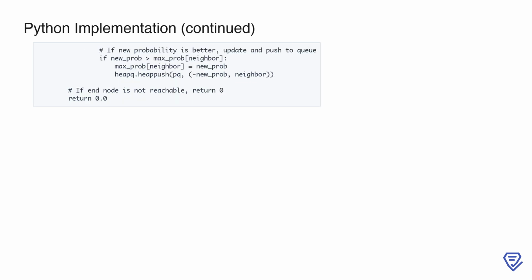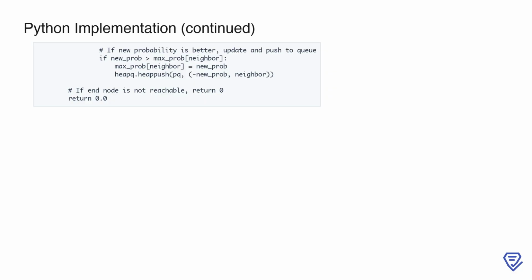For each neighbor, we calculate the new probability of reaching it by multiplying the current probability with the edge probability. If this new probability is greater than the previously recorded probability for the neighbor, we update it in the max_prob array and push the neighbor into the priority queue with the updated probability, negated to maintain the max heap behavior.